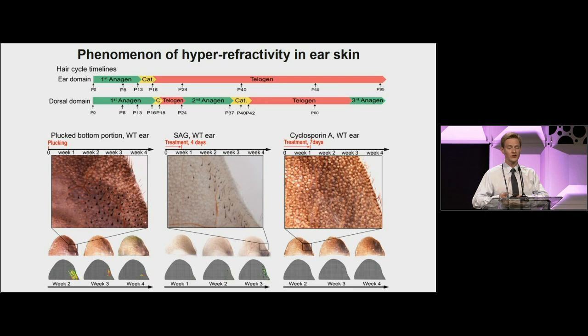They remain competent to anagen initiation, because if you attempt to activate them, such as by ear-wide hair plucking or topical application of the potent hair cycle activator, a Sonic hedgehog agonist, you can actually reactivate premature anagen. But cyclosporin A treatment, which is very effective at inducing anagen in dorsal skin, has no effect on anagen initiation. So clearly there is something in the macroenvironment of the ear hair follicles that's causing them to become extra resistant to regeneration under normal conditions.